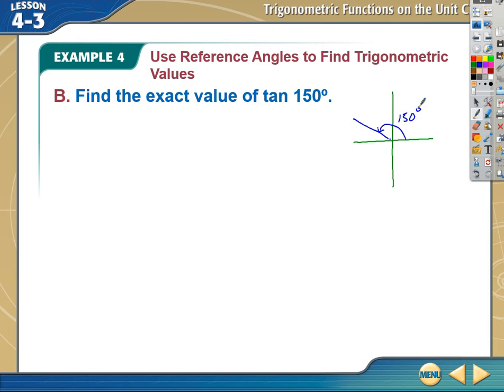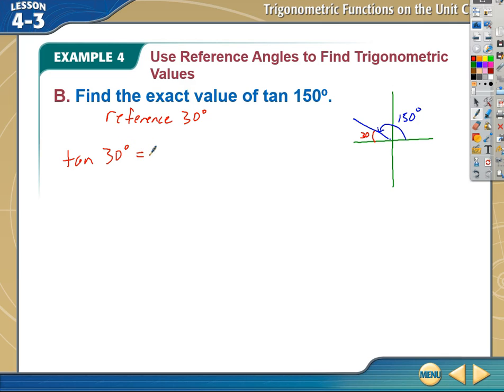Oh, I'm in quadrant 2. Good. And I find out, what's my reference angle? My reference angle is, again, 30 degrees. So that means in order to work on tangent of 150, I do tangent of 30 degrees first.